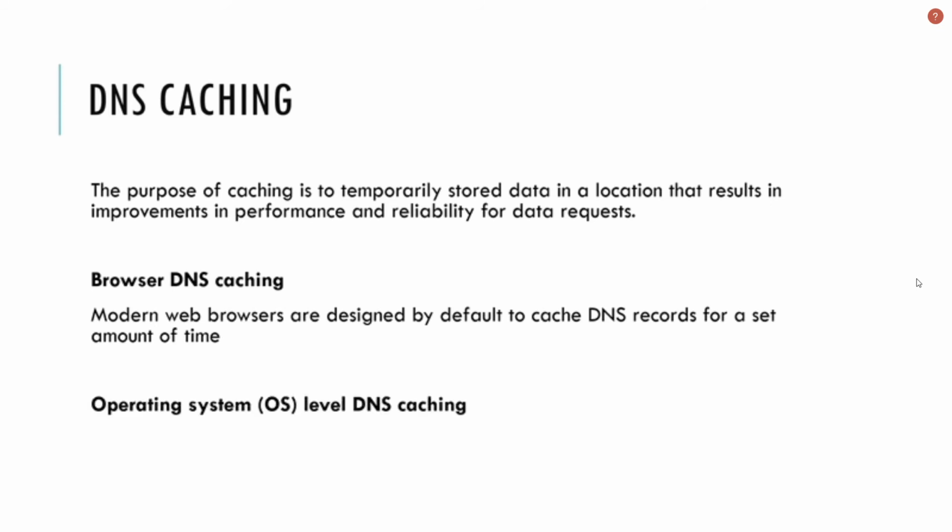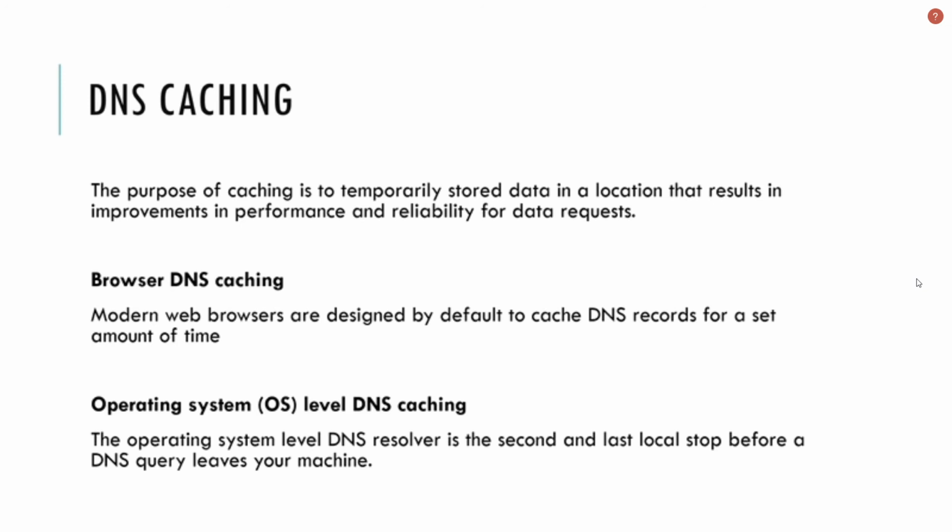Another is operating system level DNS caching. So whenever you hit a URL and the IP address for that URL is not in the cache, then the request goes out of your computer to the domain name servers.